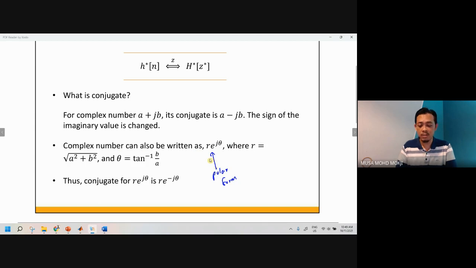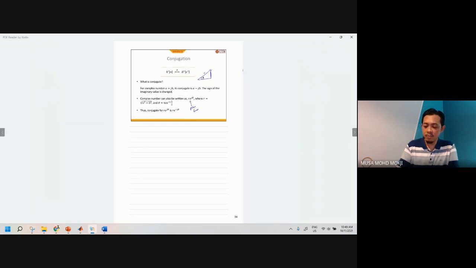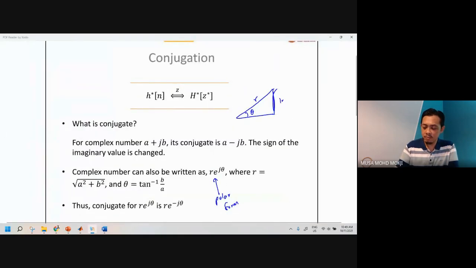In polar form, this is the radius, and this is the exponent to the power of j theta, right? So again, the trigonometry, which you already started learning in secondary school. That is theta, and that one is the r. This is the imaginary part, and this is the real part.